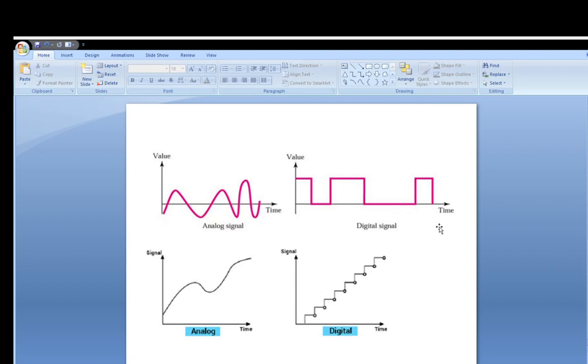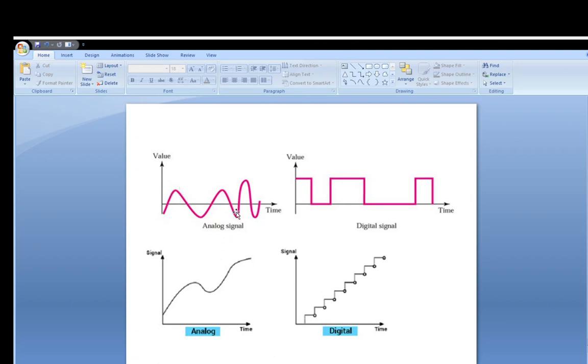So saying that analog signal is a continuous signal is not a proper definition. There is something different, and we can understand the concept by minutely viewing the waveforms.